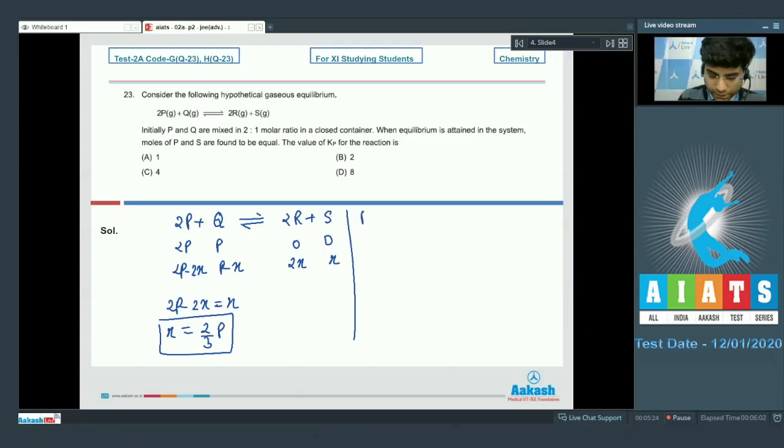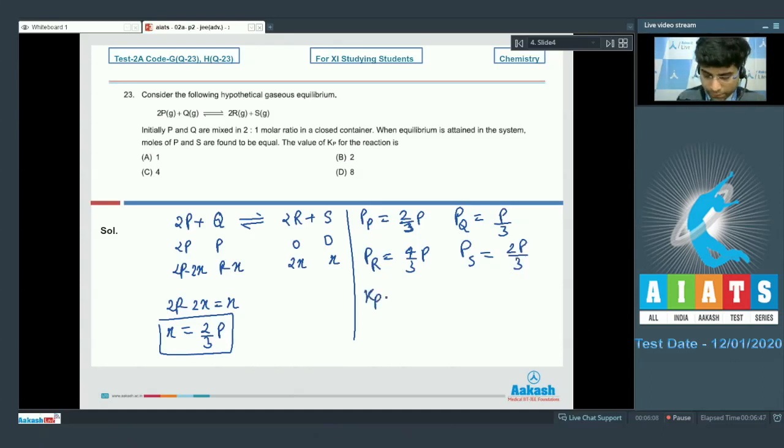The partial pressure of P will be equal to 2P minus 2x, which is 2/3 P. The partial pressure of Q is P minus x, which is P minus 2P/3, giving us P/3. The partial pressure of R will be equal to 2x, which is 4/3 P. The partial pressure of S is equal to x, which is 2P/3.